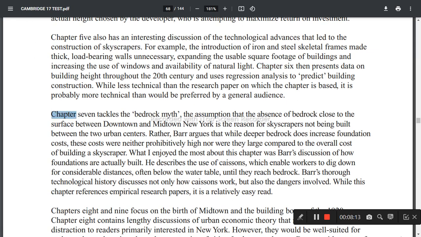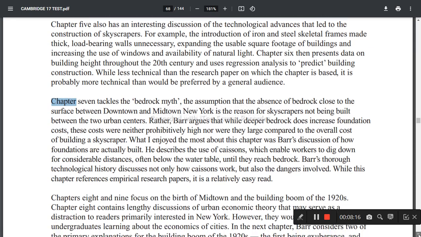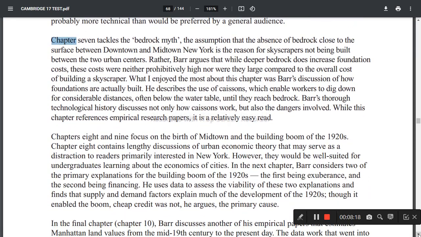Chapter 7 tackles the bedrock myth, the assumption that the absence of bedrock close to the surface between downtown and midtown New York is the reason for skyscrapers not being built between the two urban centers.